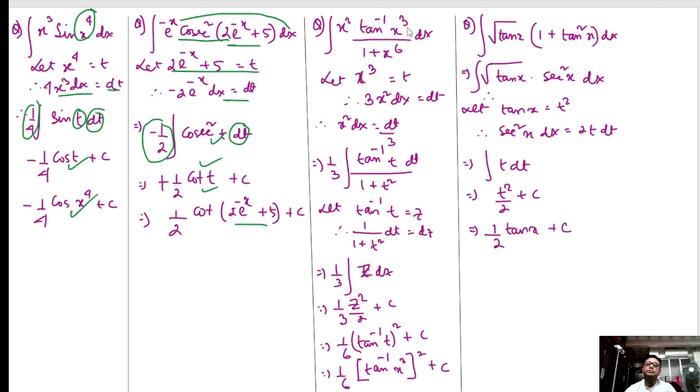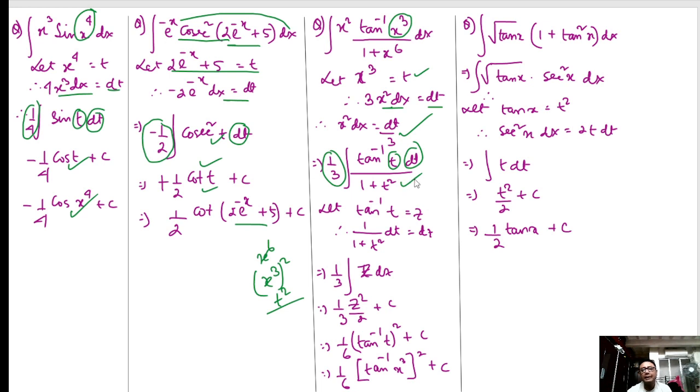Similarly this sum. Let us take x cube as t. So 3x square dx equal to dt. So x square dx will be dt by 3. So here we are putting dt by 3 with tan inverse t. This will become t square, because x to the power 6 can be written as x cube square, which is t square.